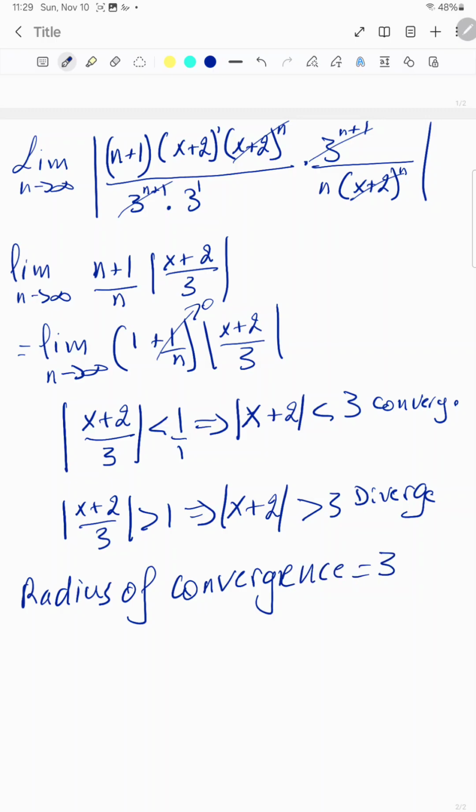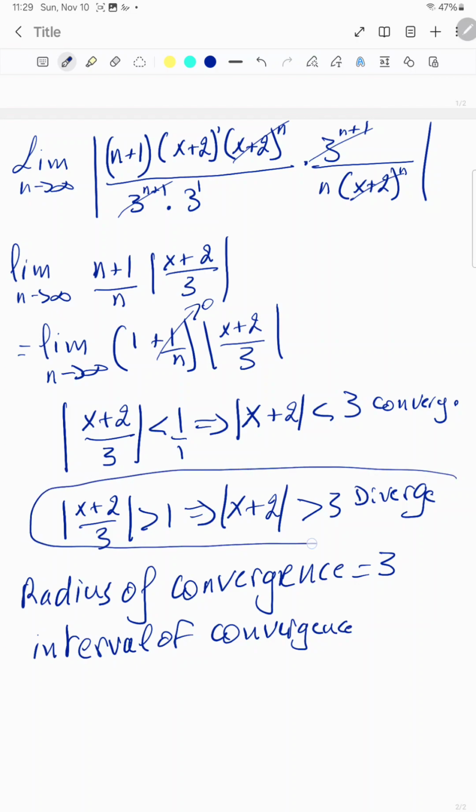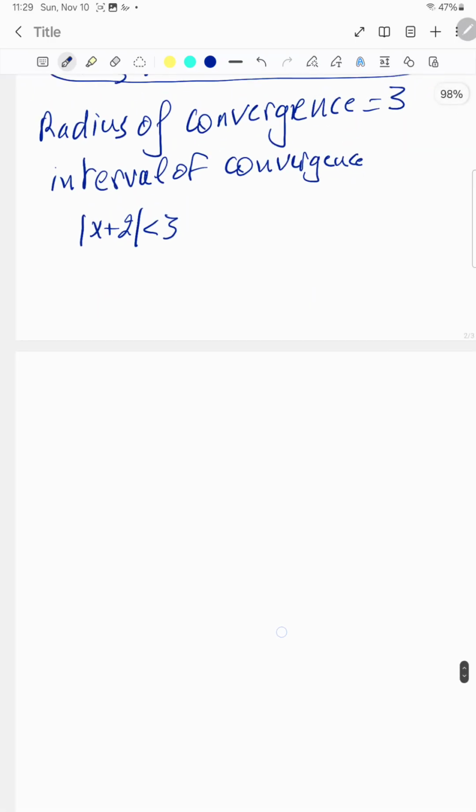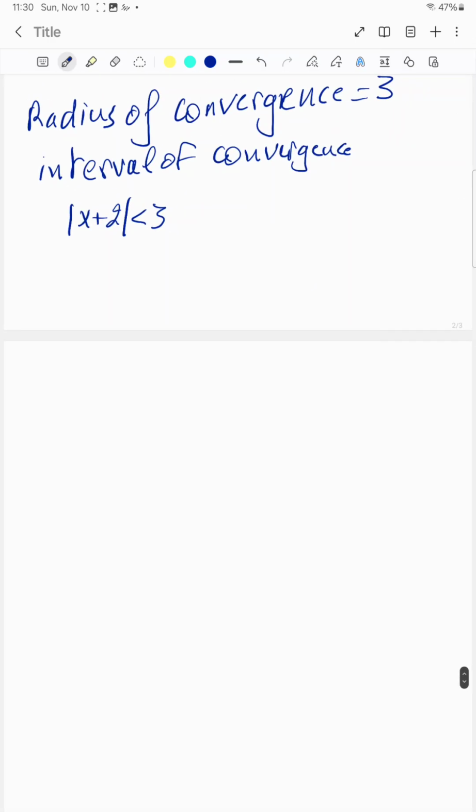And now I want to study the interval of convergence. So I will ignore the divergence. I want to study the interval of convergence, which is the absolute value of x plus 2 less than 3. If I want to take out the absolute value, I have to take it once equal to plus 3 and the other time equal to minus 3. So I would have x plus 2 less than 3 and x plus 2 greater than minus 3.